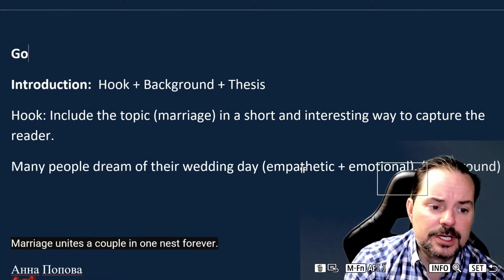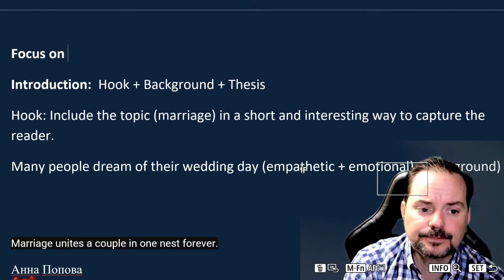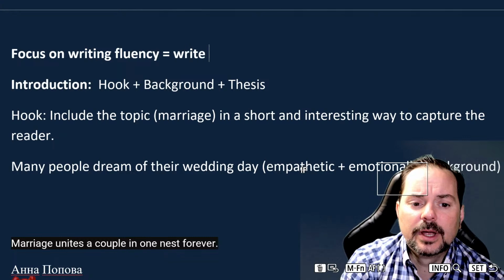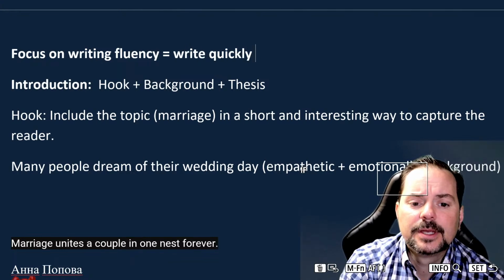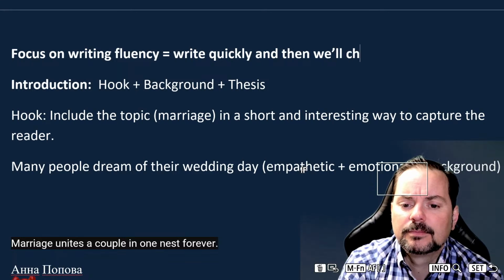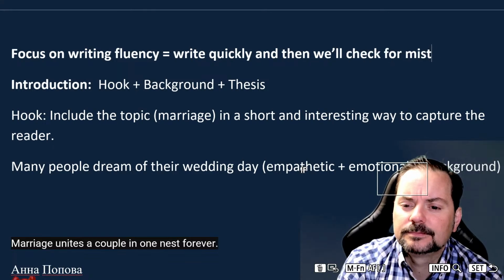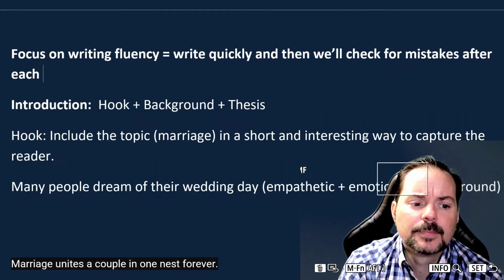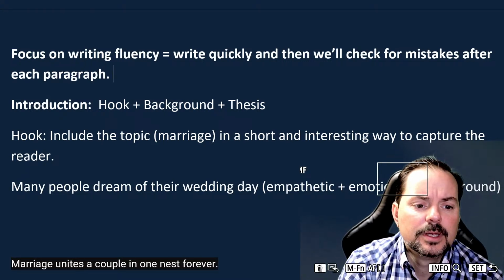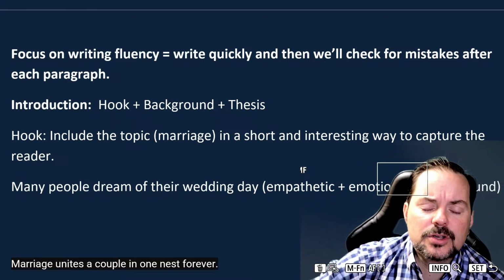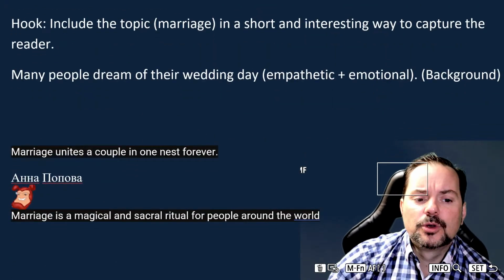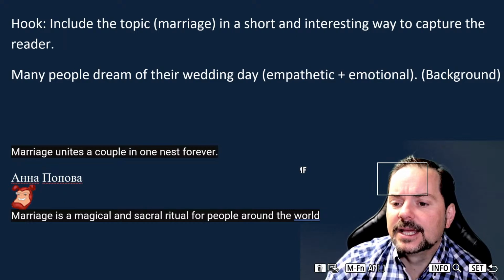So focus on writing fluency. Write quickly. And then we'll check for mistakes after. Each paragraph, okay? It's important to just get your ideas onto paper, or in this case, your ideas onto the screen. Okay, so many people dream of their wedding day.